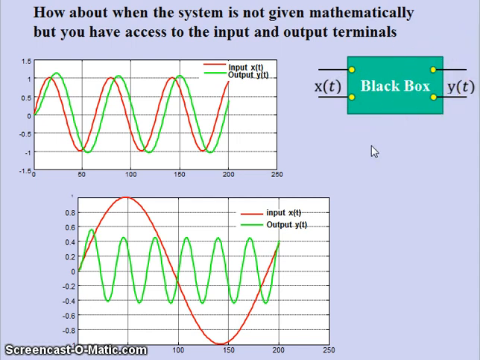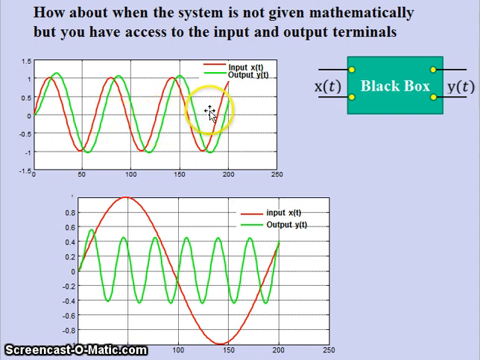Now, to tell whether the system is linear or non-linear, we're going to use the red color for input and the green color for the output, and so we're going to apply a single frequency input at a particular frequency. So we're going to apply x of t, a sinusoidal signal, at a particular frequency.